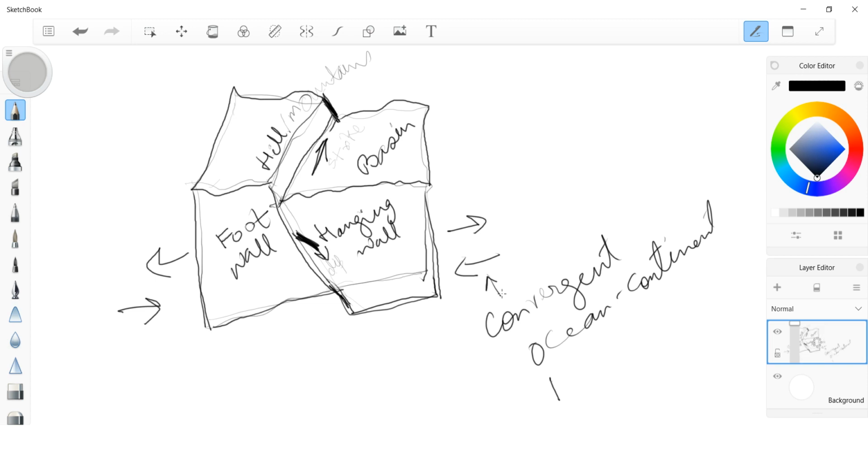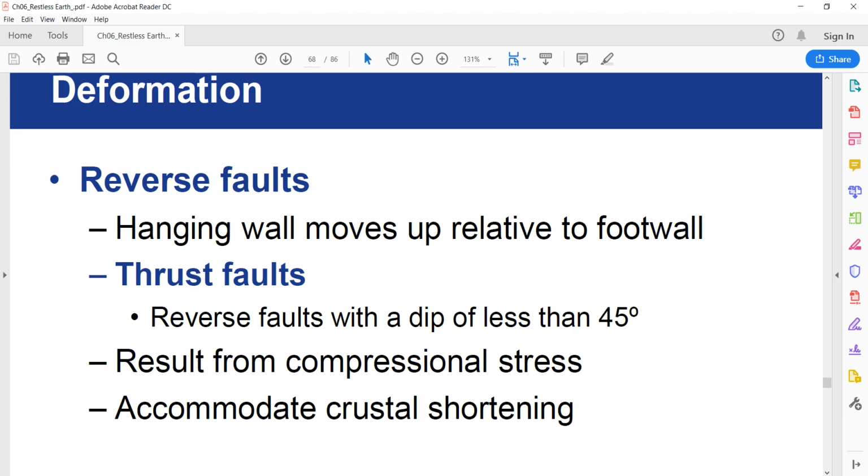So it is a strong compressional force, and that will lead to this hanging wall actually going up. It is riding up on the foot wall, it is not sliding downwards. So in that case you will call it a reverse fault, right? Reverse faults have a dip of less than 45 degrees.